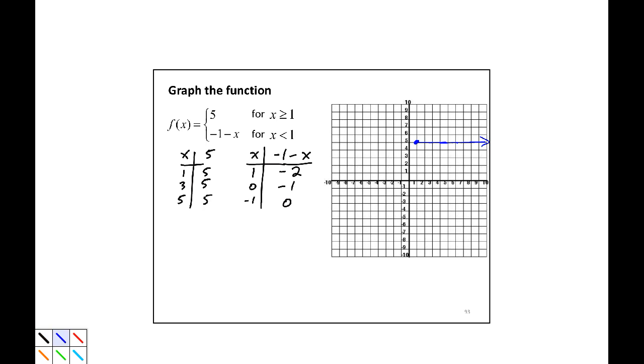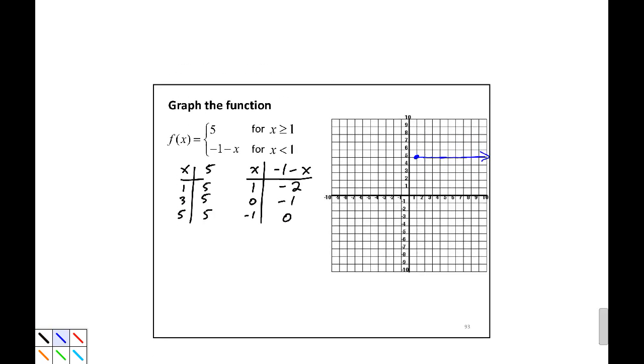So I have 1, negative 2, but that's an open dot. 0, negative 1. Negative 1, 0. Hold on a second. Less than 1.